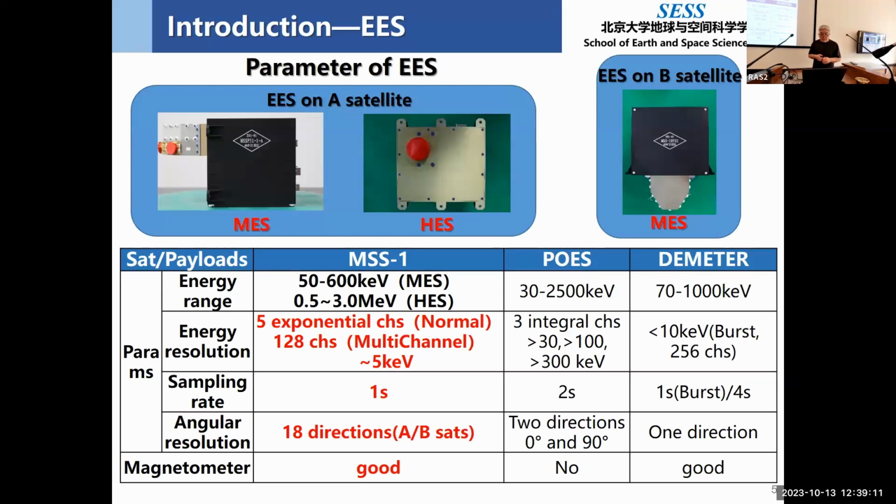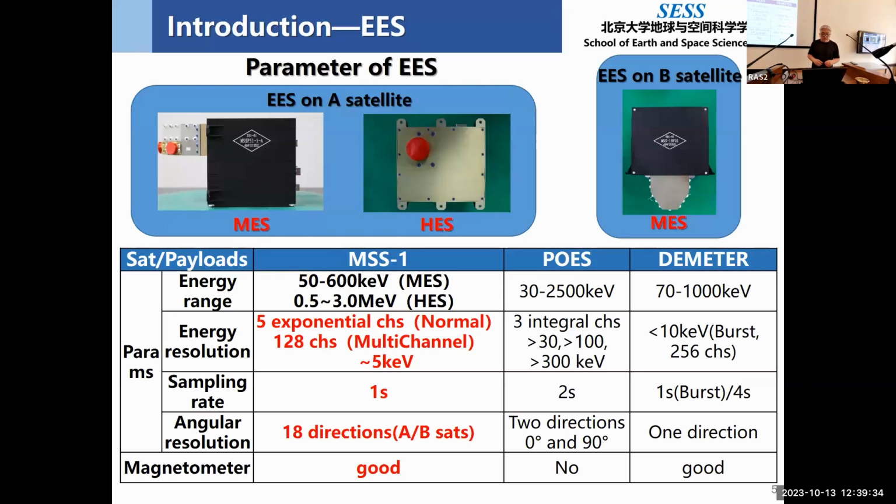We have an in-orbit multi-channel mode, so we get 128 energy channels, and our energy resolution is about 5 keV. So you can see the difference.